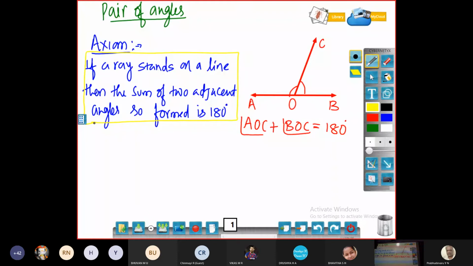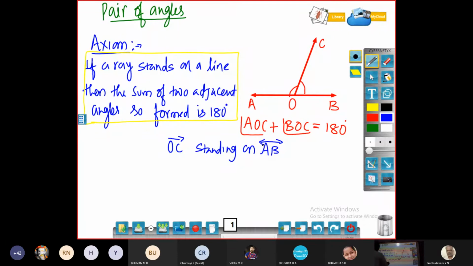If a ray stands on a line, here the ray is OC. OC is a ray standing on line AB. The ray OC stands on line AB. Then the sum of the two adjacent angles formed.